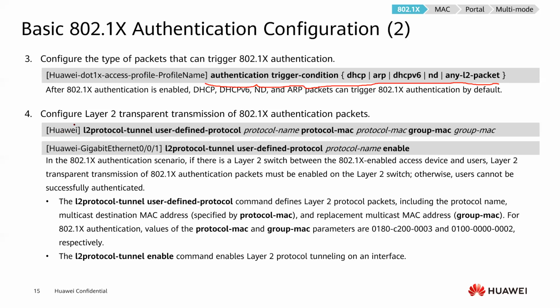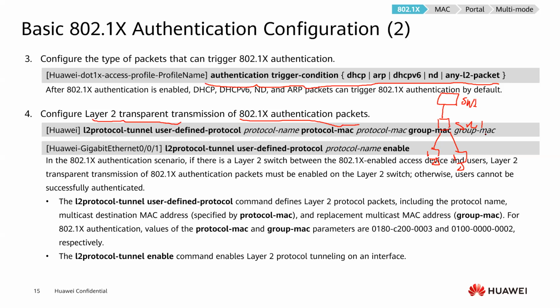In some scenarios, you need to configure layer 2 transparent transmission of this kind of authentication packet, because the EAP packet is a kind of protocol packet, so it will be isolated by layer 2 switches. Take this scenario: this is SW1, and this is SW2.